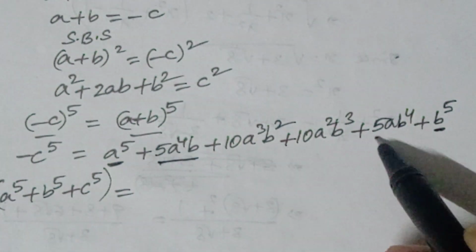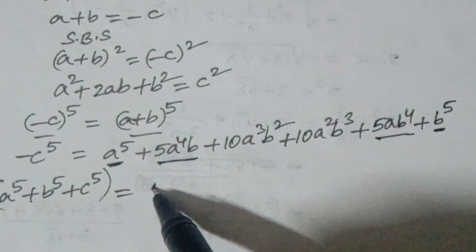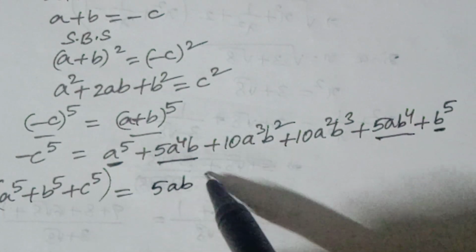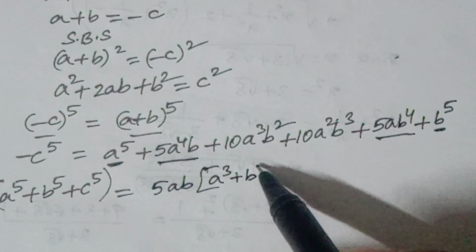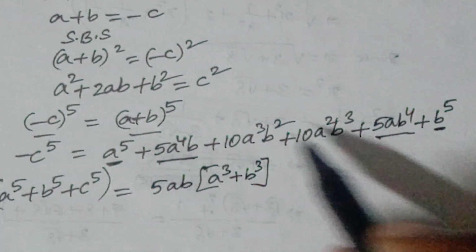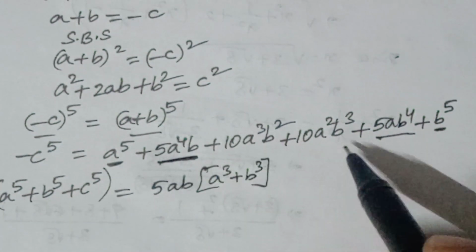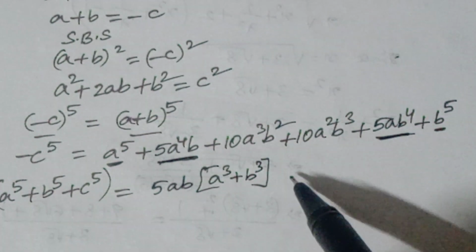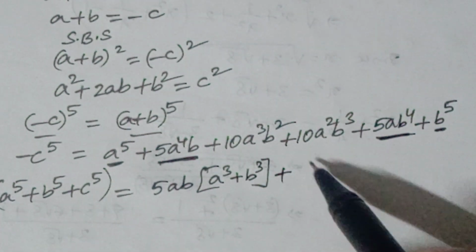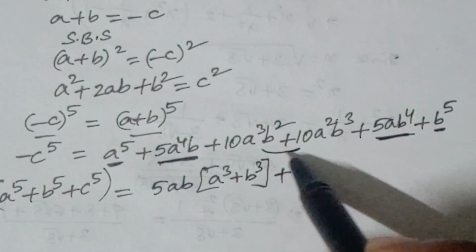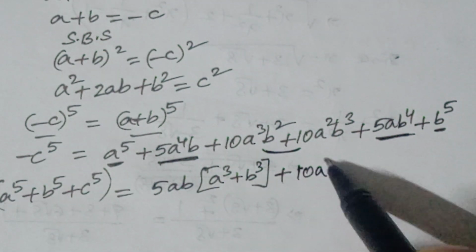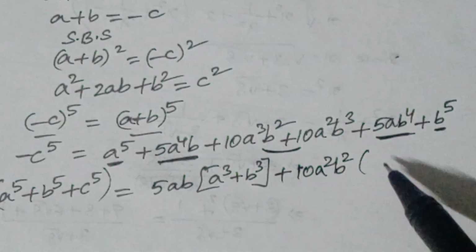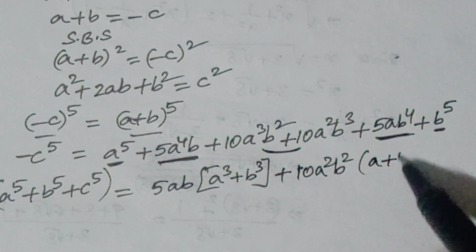From these 2, I am taking 5ab common, so I am getting a cube plus b cube. And from the remaining 2, I am taking 10a square b square common, which leaves a plus b.